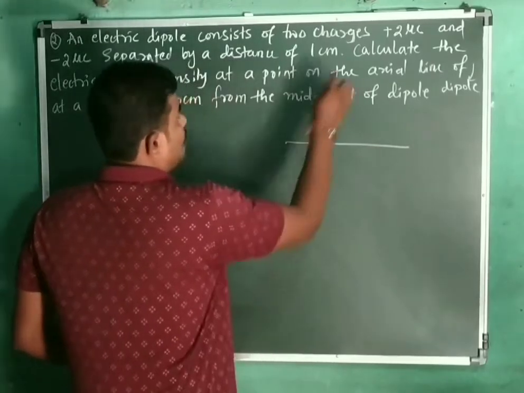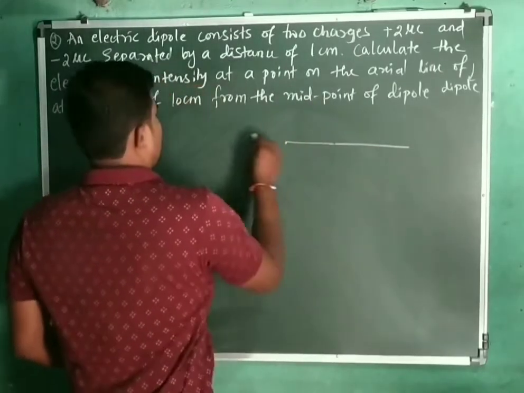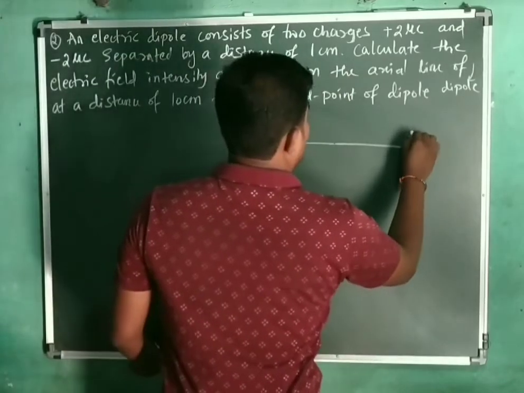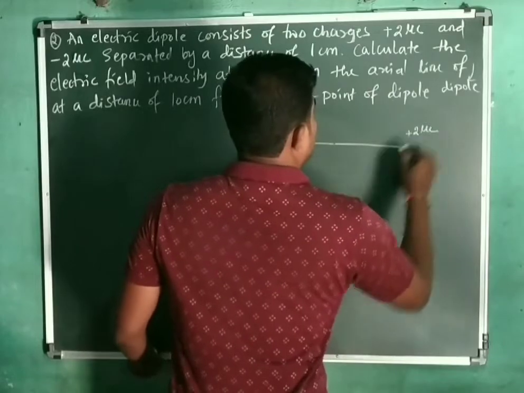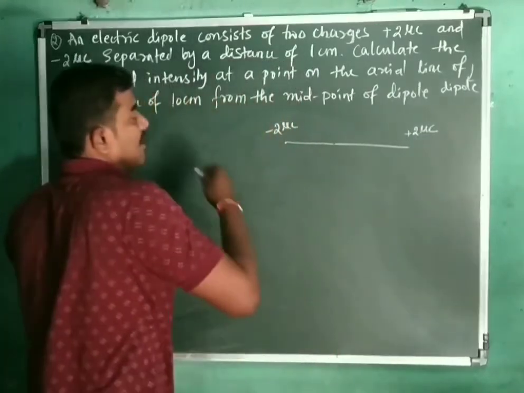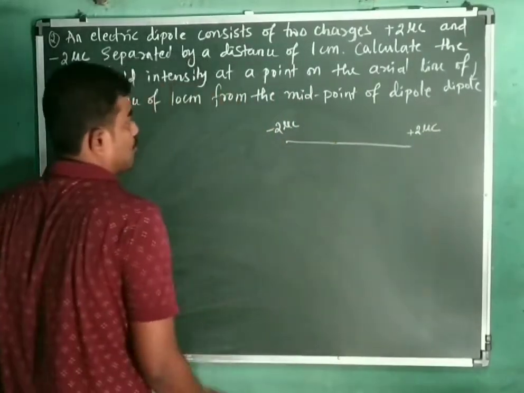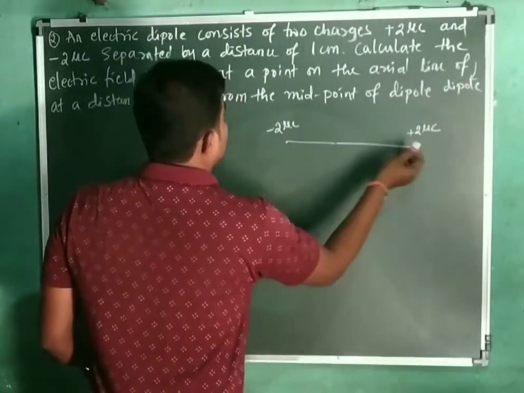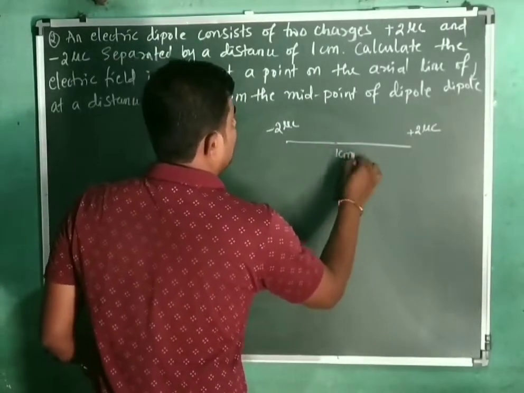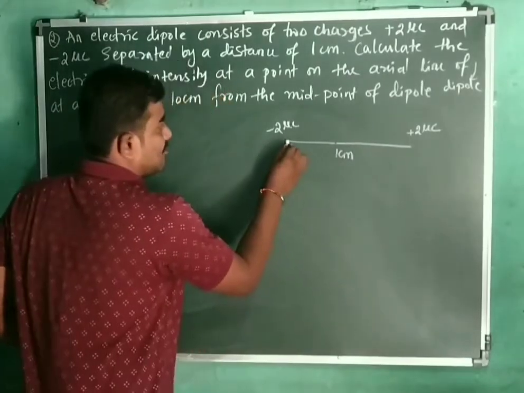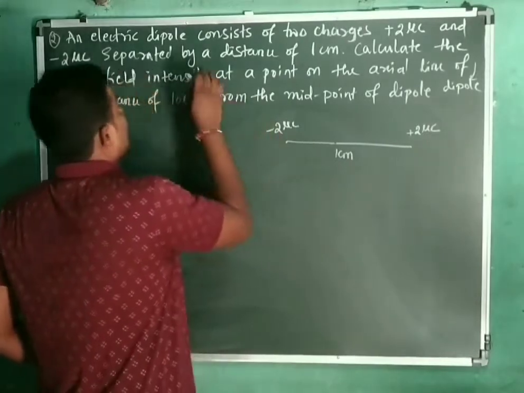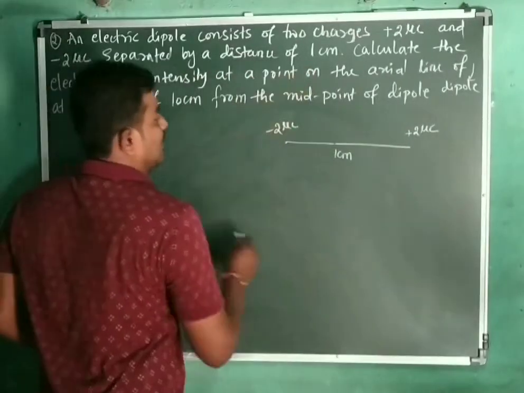One charge is minus 2 microcoulomb, another charge is plus 2 microcoulomb. The direction of dipole moment is always from negative to positive, and the distance between these two is 1 centimeter. This is not 1 centimeter length actually, this is very large length, but in the numerical they have given 1 centimeter.